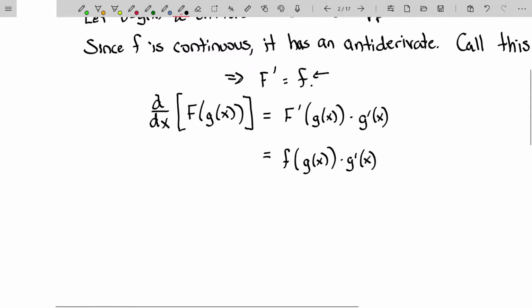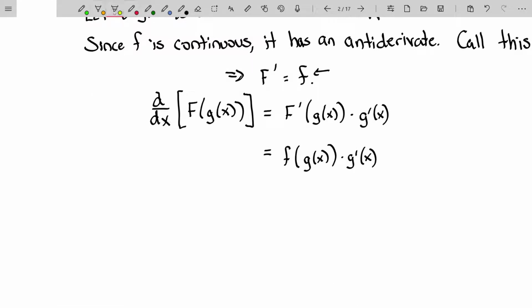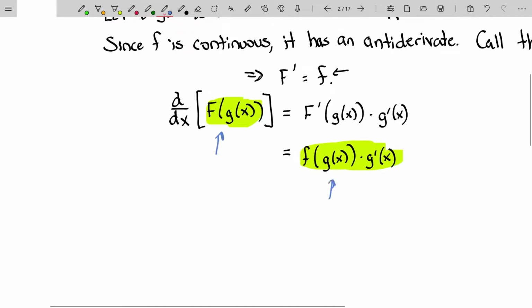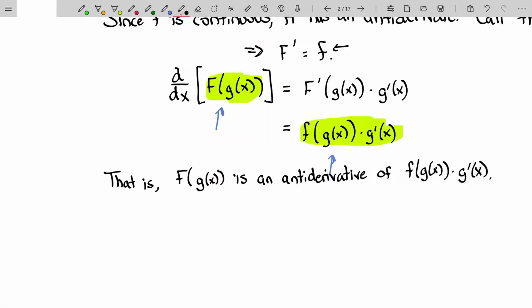What does this mean? Well, it means if you say I took the derivative of something and it arrived at this, the something you took a derivative of is an antiderivative of this. That is, let me write this down. Capital F of g of x is an antiderivative of little f of g of x times g prime of x, which means that if you were to do an indefinite integral of little f of g of x times g prime of x dx, that should turn into capital F of g of x.